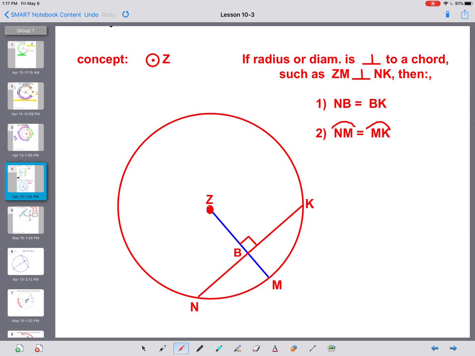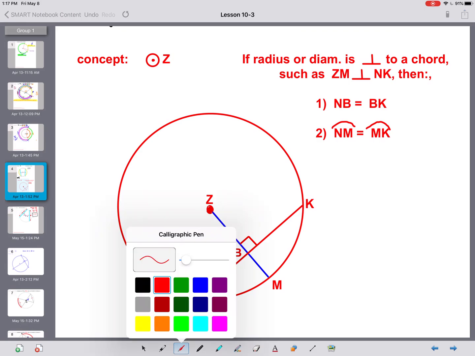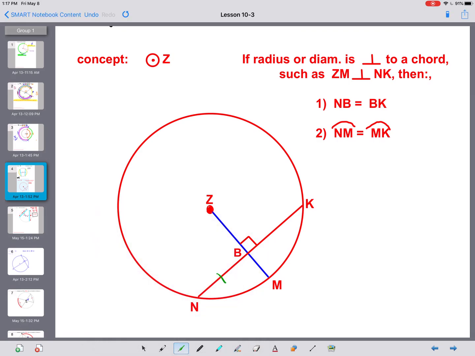If it's perpendicular to the chord, then you know what it does to the chord? Yeah, it cuts it in half. See, there was chord NK, and our radius, because it's perpendicular to the chord, cuts it in half.